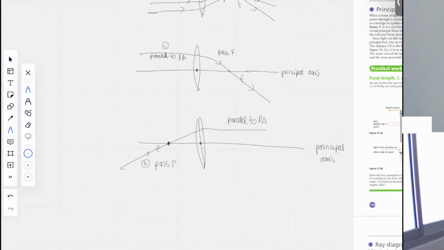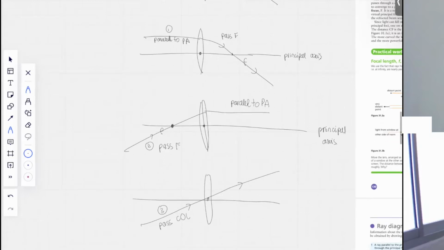The third one is the easiest one. It passes through the center of the lens. It doesn't bend at all.